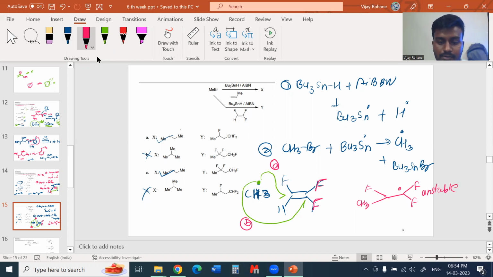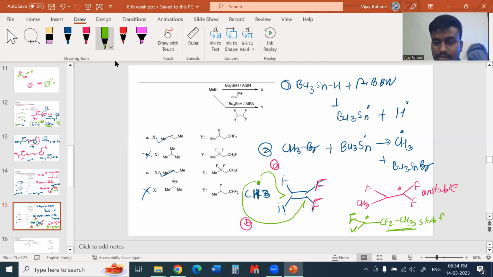And if the attack takes place by the B route, then this fluorine will be here, hydrogen will be here, CF2CH3. So this one is the product getting formed, and the radical to which only one fluorine atom is attached is the stable one. After attacking this hydrogen radical, the product forms which contains hydrogen here.